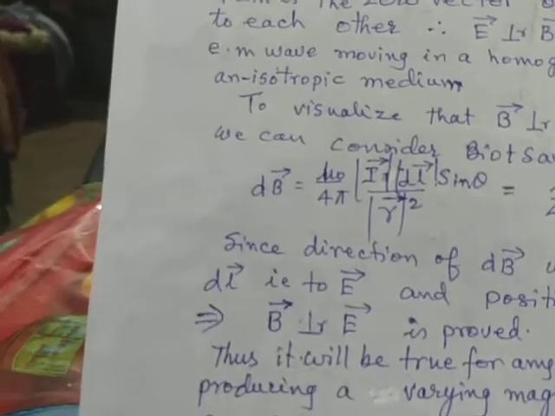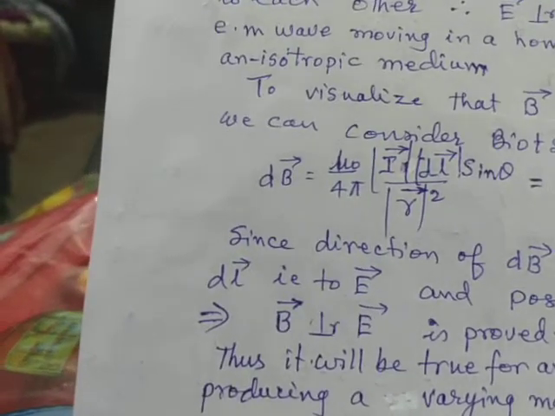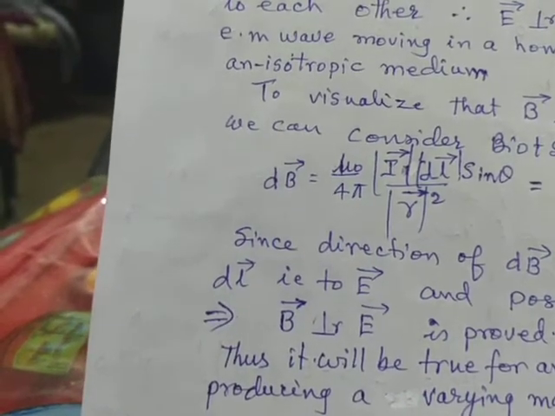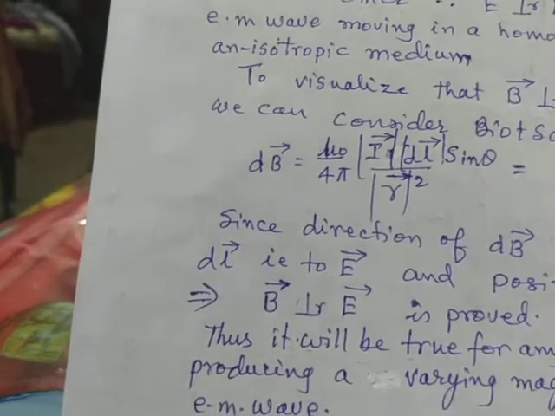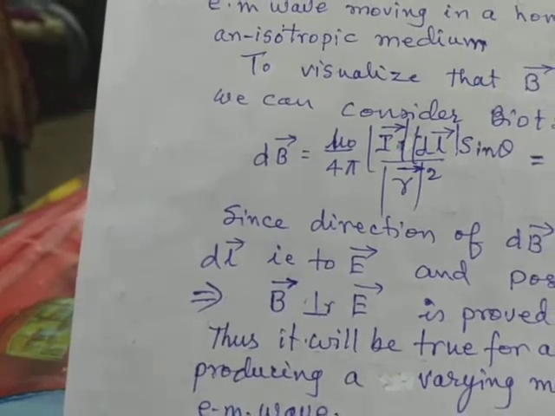So here you see, the direction of magnetic field will be essentially perpendicular to dl and to the position vector r.